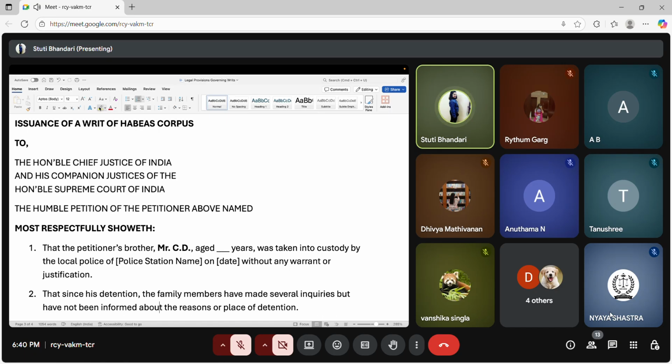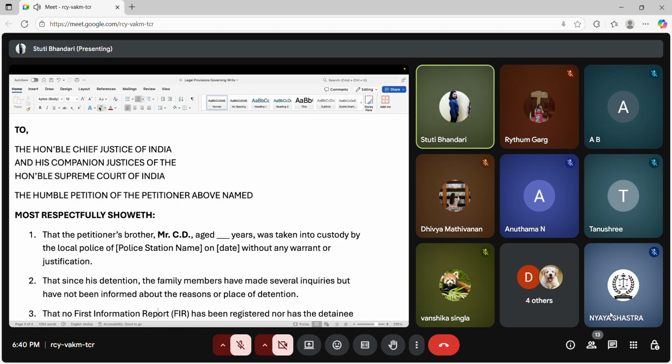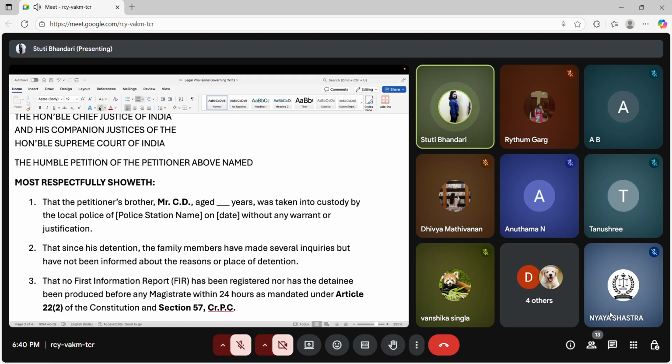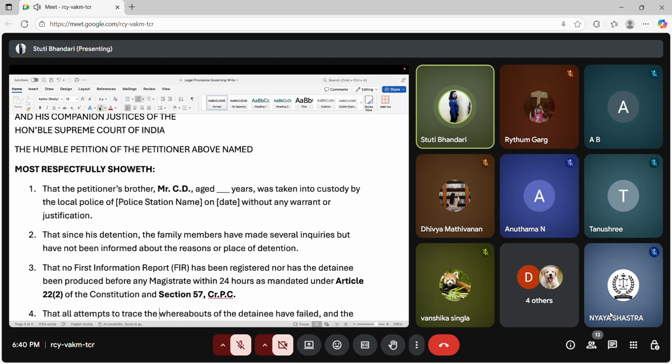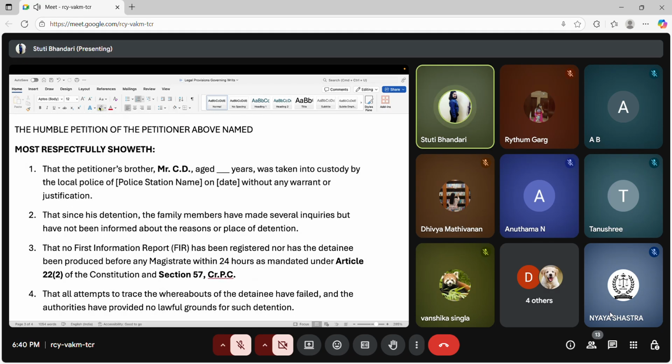That since his detention, his family members have made several inquiries but have not been informed about the reasons or places of detention. That no FIR has been registered nor has the detainee been produced before any magistrate within 24 hours as mandated under Article 22(2) and Section 57 of CrPC.